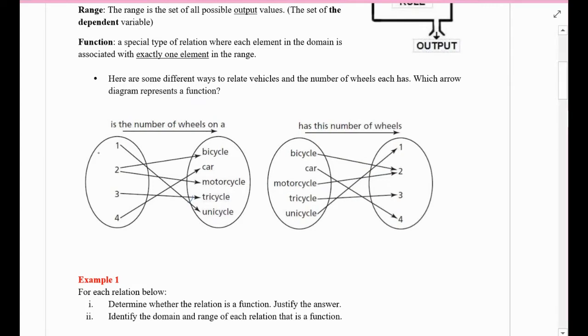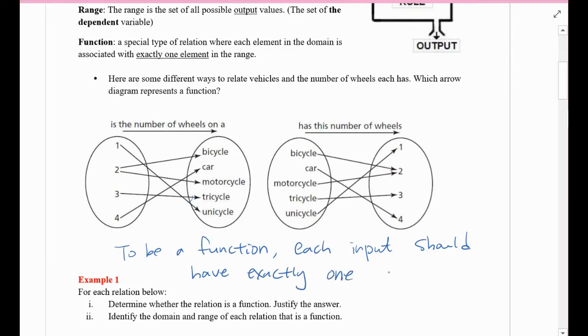To be a function, right? So which arrow diagram represents the function?